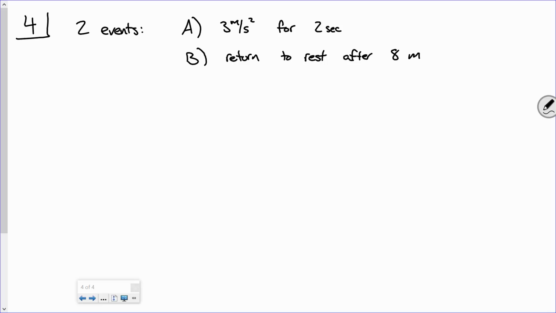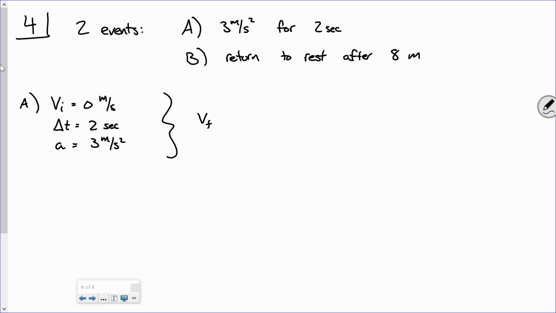So let's look at situation A. Okay, so we've got an initial velocity of 0 meters per second, right? It starts out at rest, right? We have a change in time of 2 seconds, and we have an acceleration of 3 meters per second squared. Remember this?